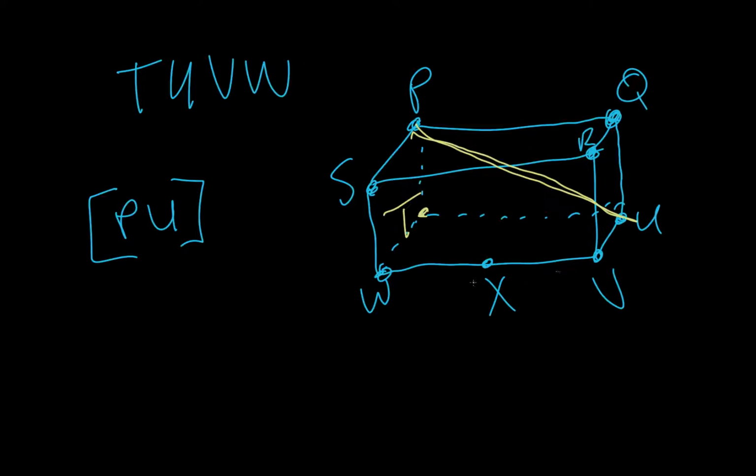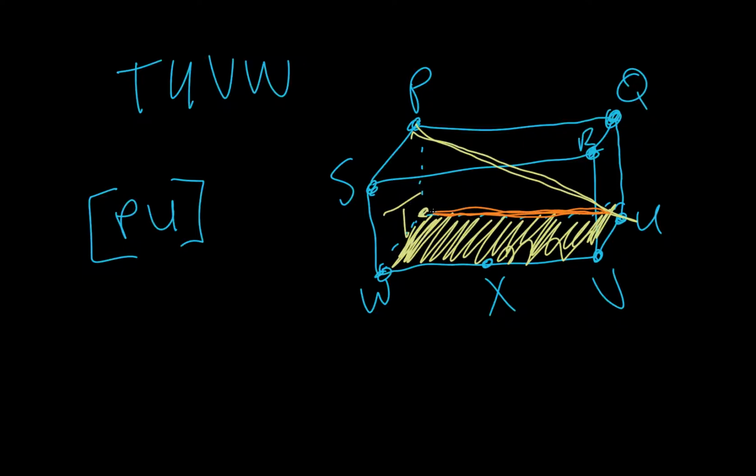So TUVW. So we're focusing on this plane that's right here, the bottom. If we project this onto this, it becomes TU. Okay. And then the required angle that we need is going to be this one, which is PUT.